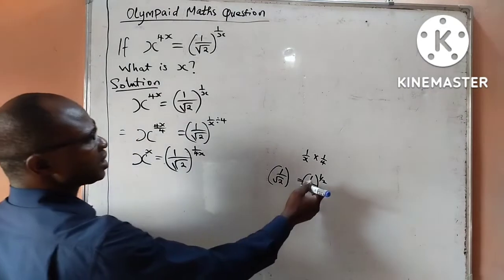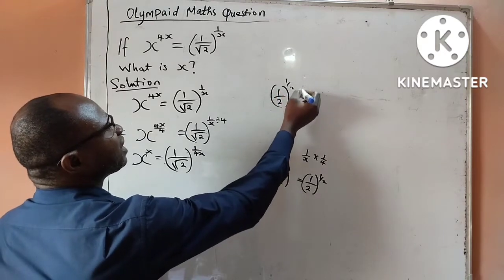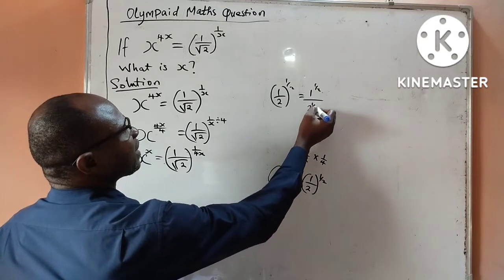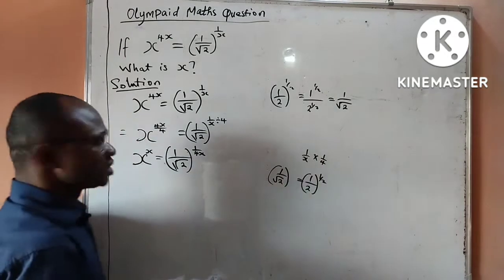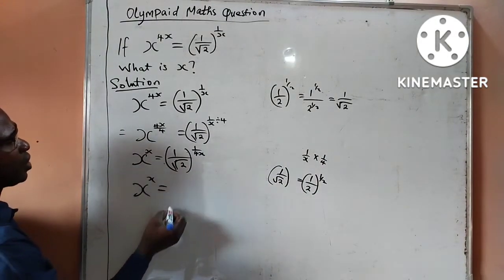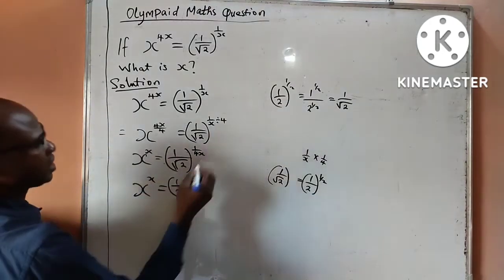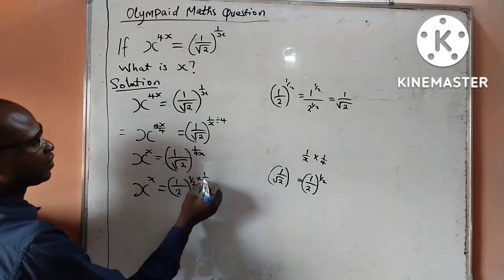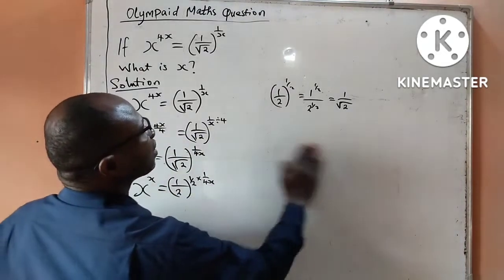Because if I want to express 1 all over 2 raised to the power half, it is just like 1 raised to the power half all over 2 raised to the power half, which will give me 1 all over root 2. So permit me now to write x raised to the power x equal to 1 all over 2, everything raised to the power 1 over 2, then multiplied by 1 over 4x. That is what we have now.